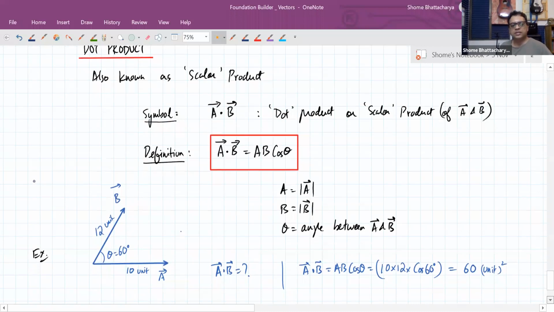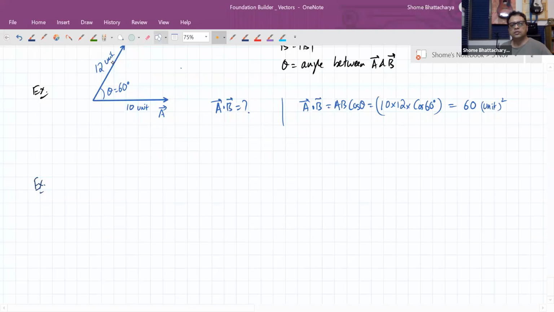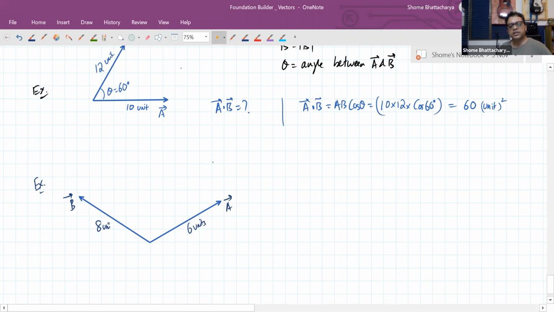Now let's look at another example. If vector A is like this and vector B is like this, they're of magnitudes 6 units and 8 units respectively.